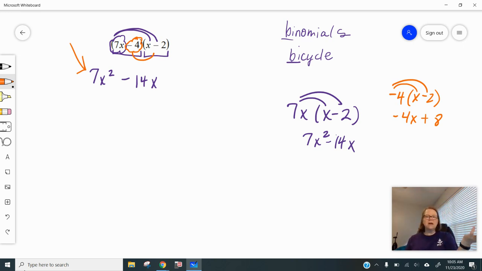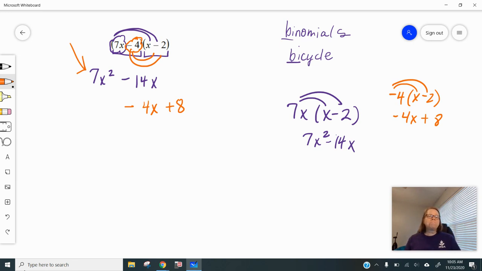Negative 4x is not an x squared term, so I'm not going to put it with the 7x squared, but it is an x term just like negative 14x. So I'm going to put them in line with each other, and you'll see why in just a minute. And then negative 4 times negative 2 is a positive 8. I'm just going to put it over to the side because x is not a plain number, but 8 is just a plain number. It's called a constant. That's the vocabulary word for it.